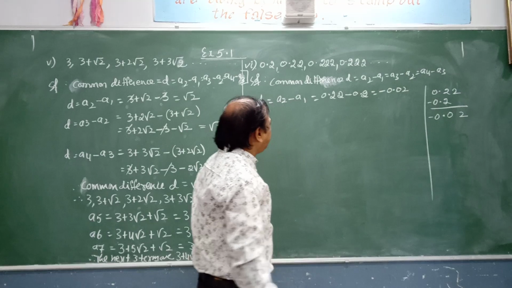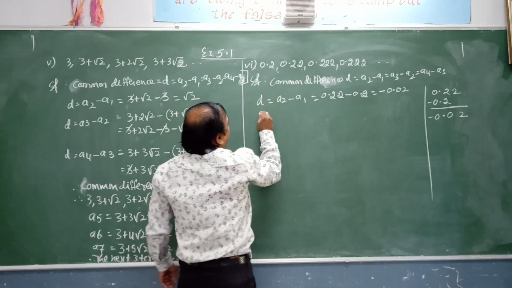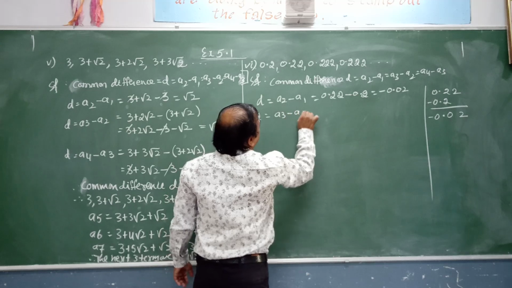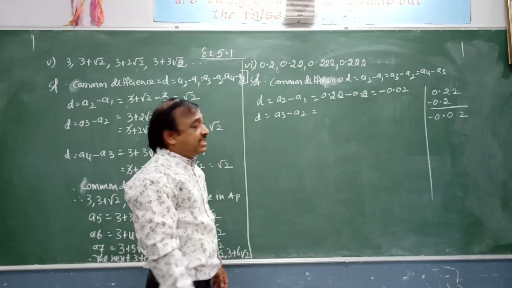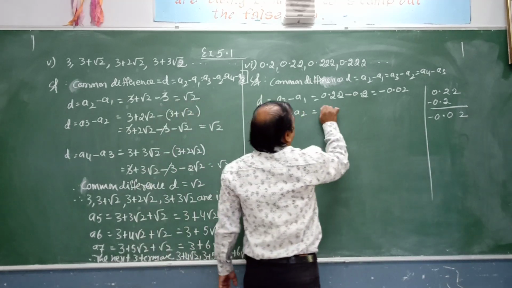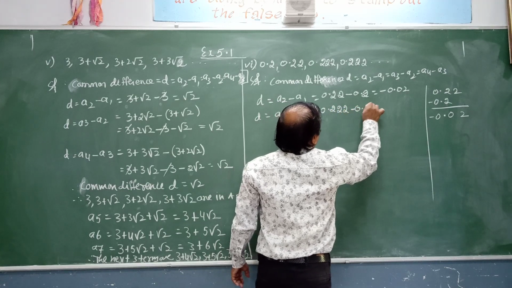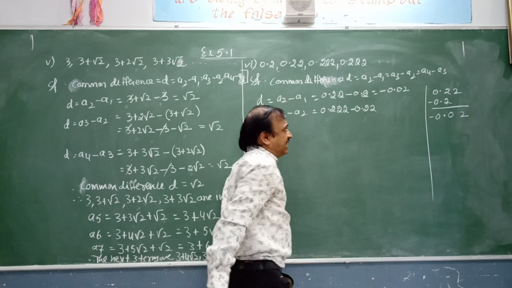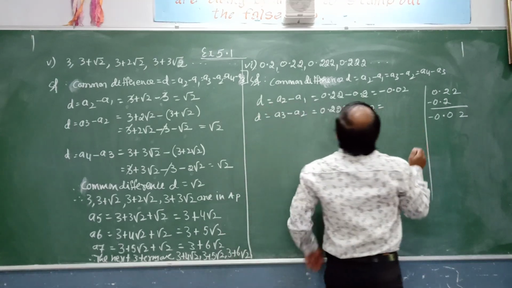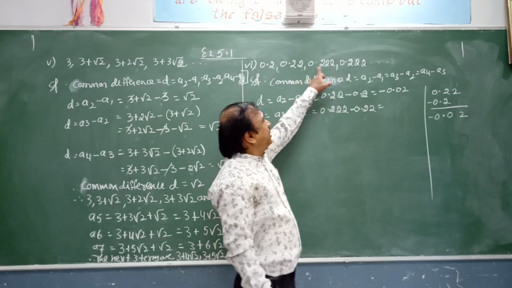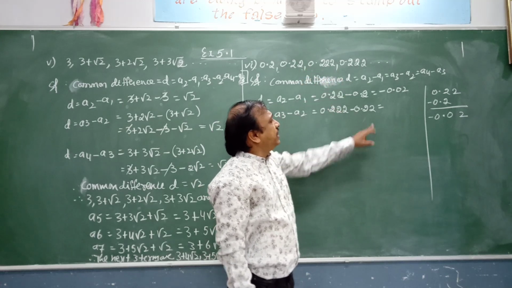Next, d is equal to a3 minus a2. 0.222 minus 0.22. Again you see here, are you following? 0.222 minus 0.22.